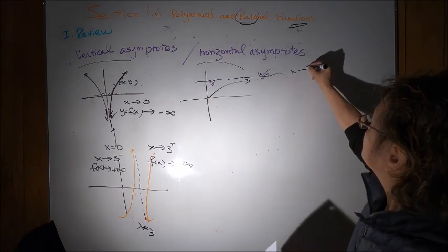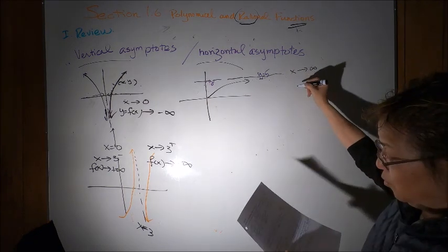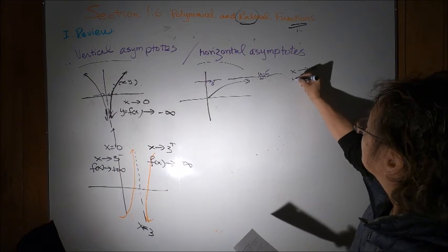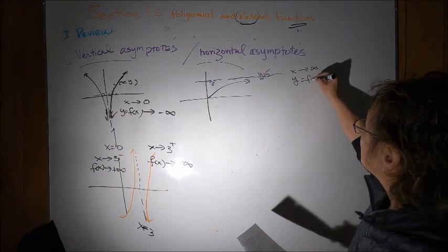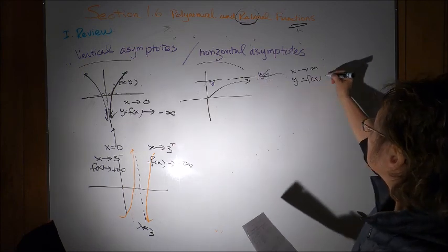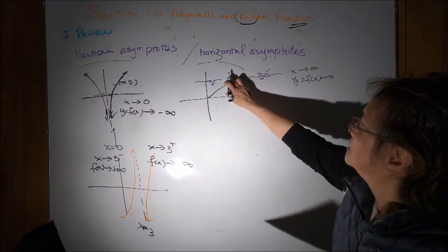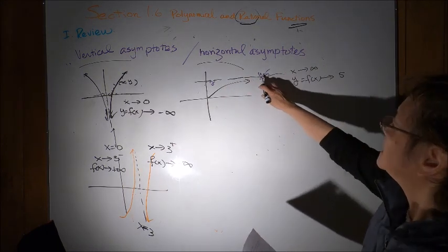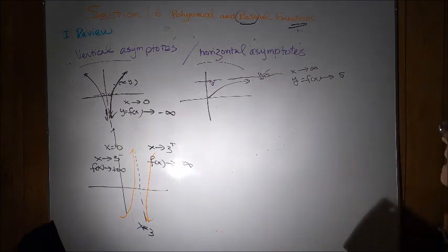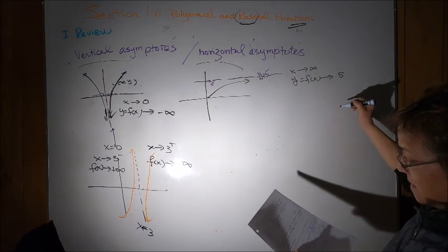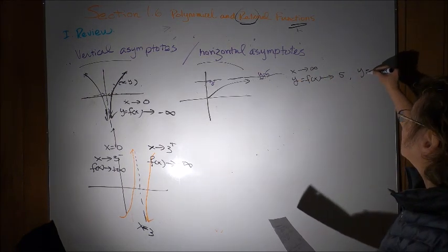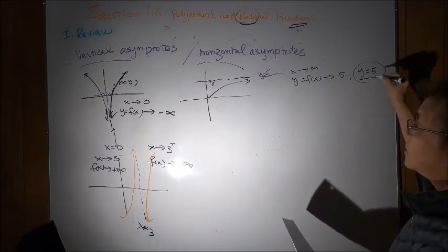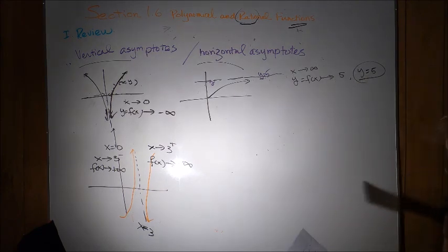When x goes to infinity, your y, that's your f of x, is bounded by the value, whatever that is, pi. So we say the horizontal line y equals pi would be its horizontal asymptote.